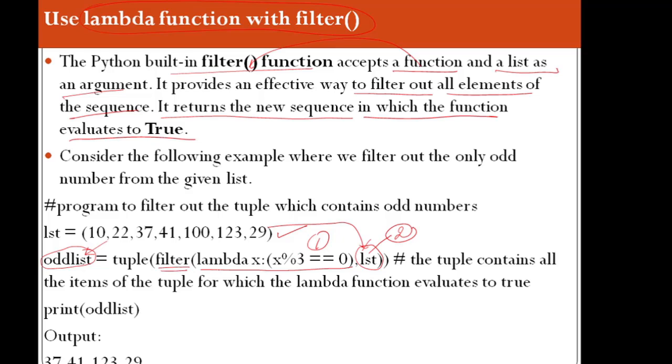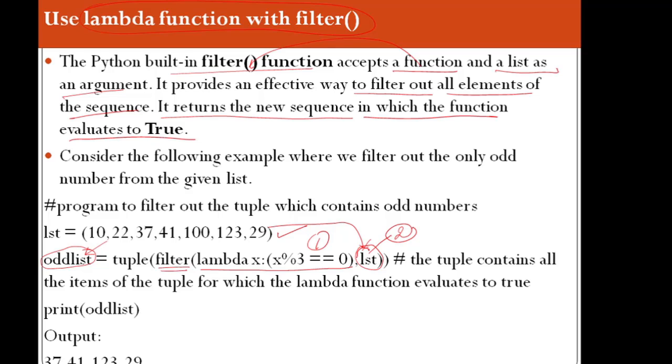And this is the anonymous function lambda, in which x is there, colon, if x mod 3 is equal to 0, meaning if it is a multiple of 3, then it is filtering it in.